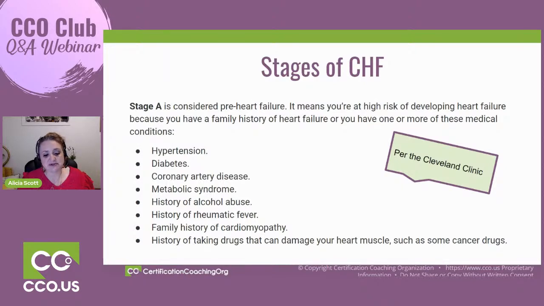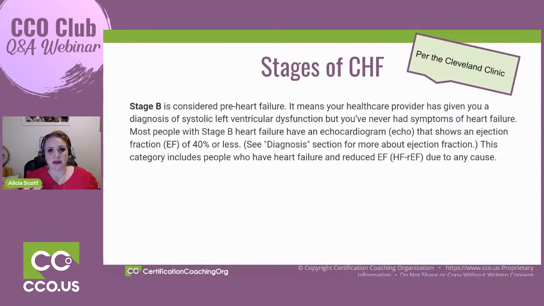You could see a history of alcohol abuse because the liver is going to become problematic if it isn't able to function well. History of rheumatic fever, also cardiomyopathy in a family history. And if there were any drugs used that could damage the heart, that could be part of it. Also, some cancer treatments, both radiological and chemotherapy, can affect the heart and make it predisposed to CHF.